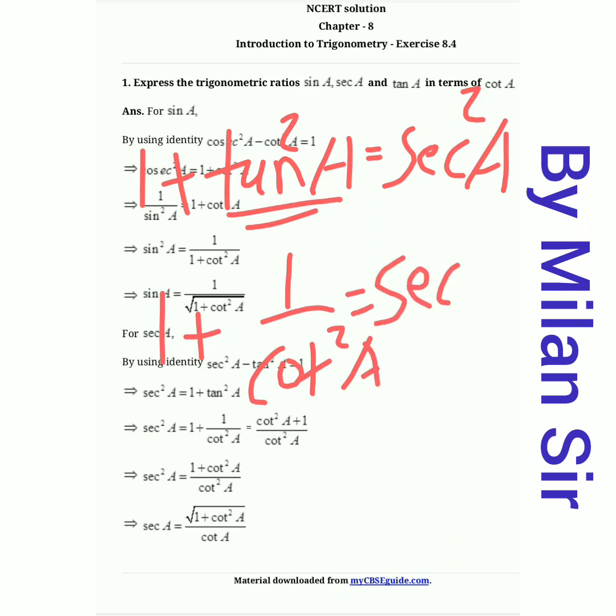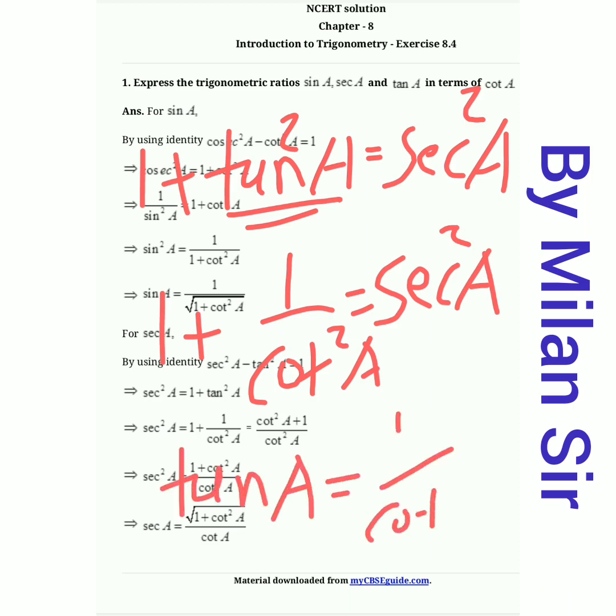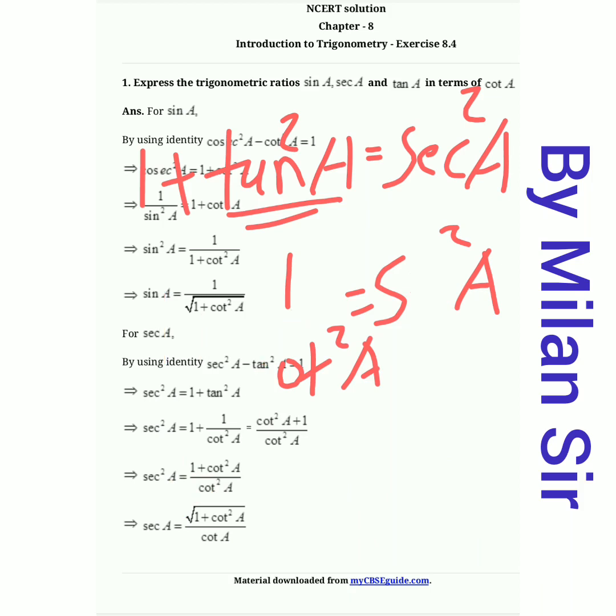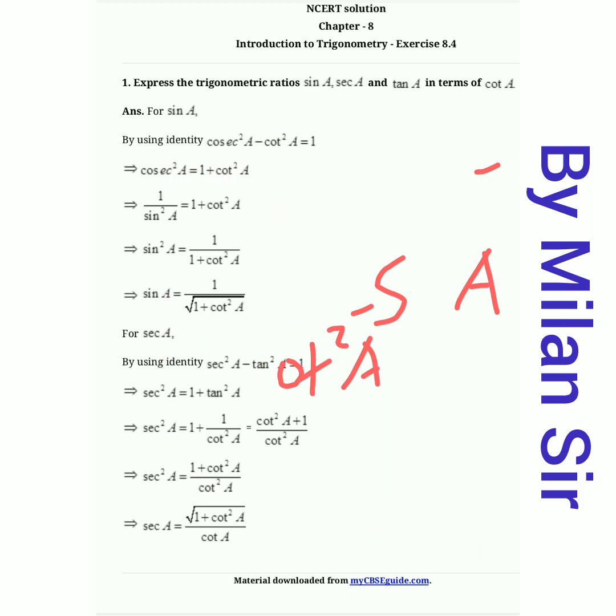Because tan is the inverse of cot and cot is the inverse of tan. So in place of tan A we can write 1 upon cot A. Right? So that we use here. So here we can get sec in terms of cot A.